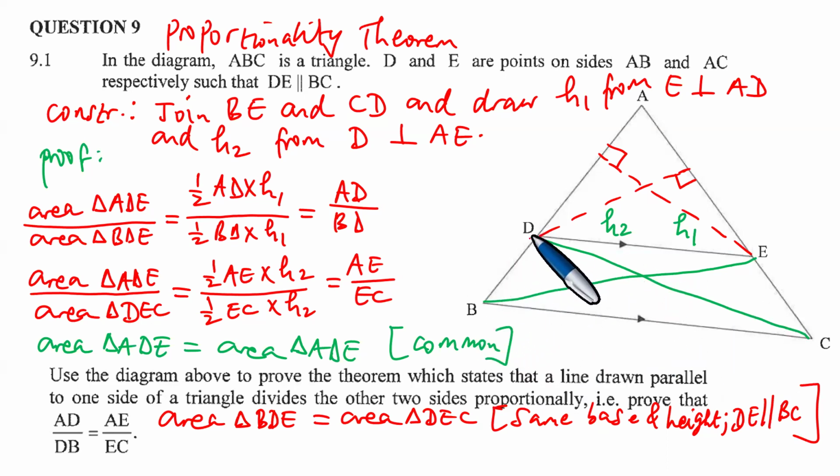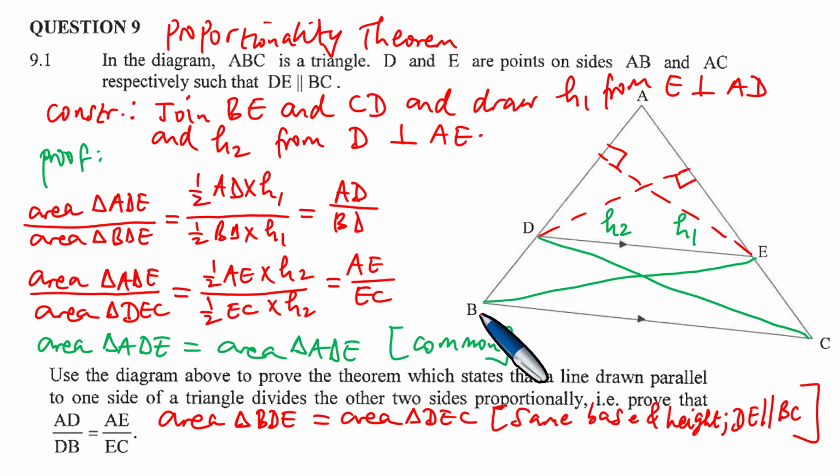For triangle BDE you can choose the base DE, and in triangle CED you can choose the base DE, so they have the same base, but also because they lie between the same parallel lines, they have the same height. Height is from the base to the highest point.